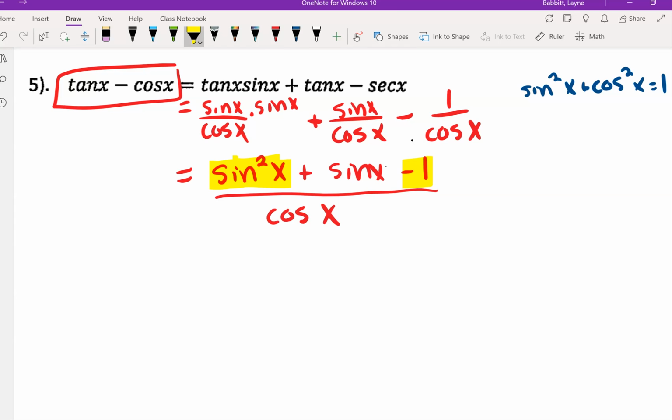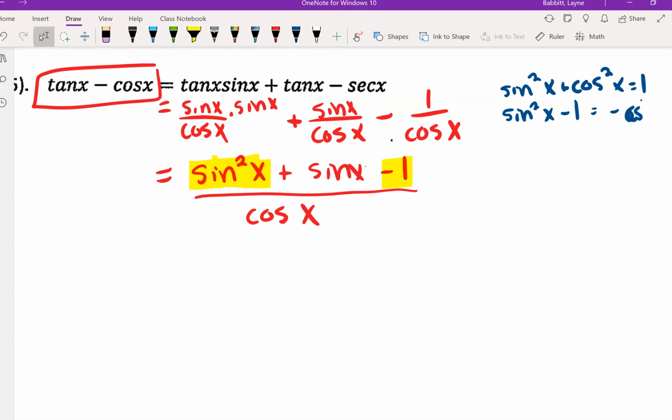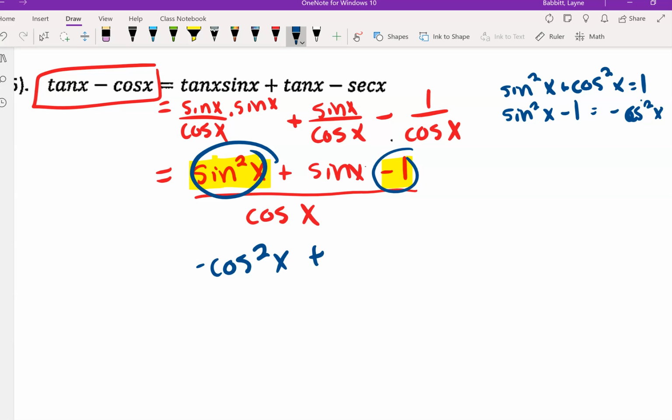If I tried to get sine squared x minus 1 over here, this would be sine squared x, subtract 1, equals subtract cosine. That would equal negative cosine squared x. So I'm going to replace that with negative cosine squared x. So that's what this and this got replaced with. We still have plus sine x.